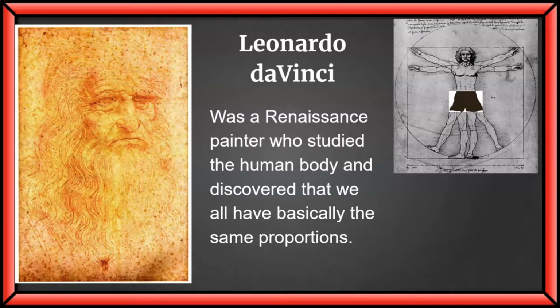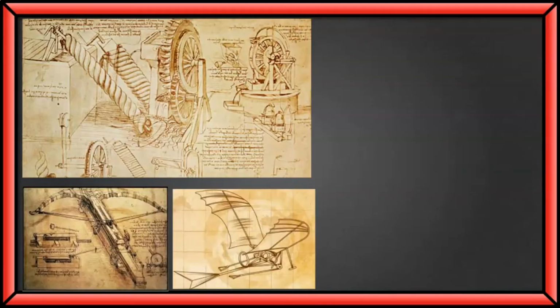So our head is smaller than the width of our shoulders, our hands are the same size as each other, and my proportions are the same as most other adult proportions, and your proportions are the same as most other kids' proportions. So he discovered that our proportions are all basically the same.